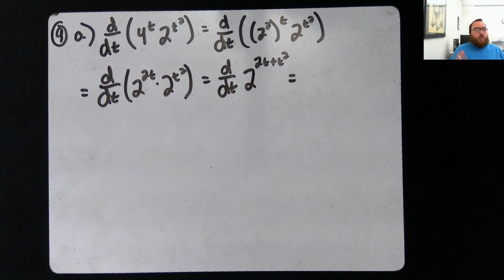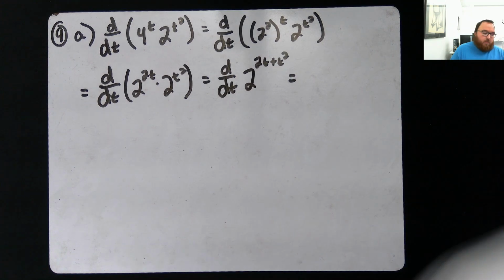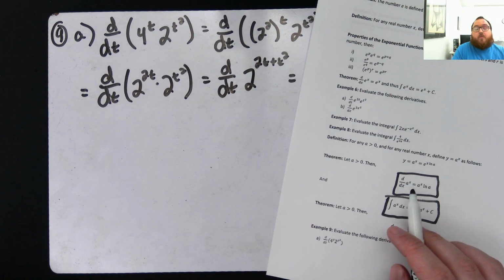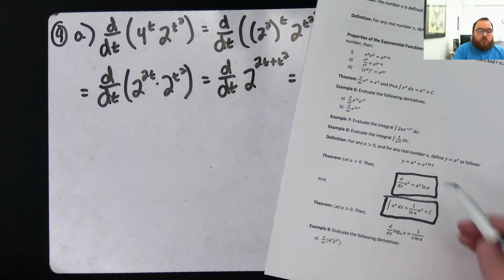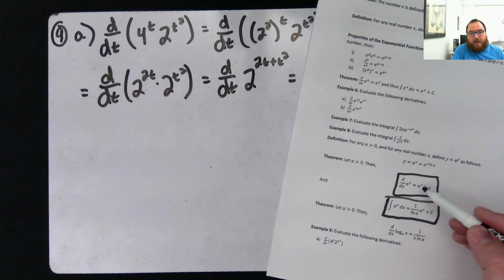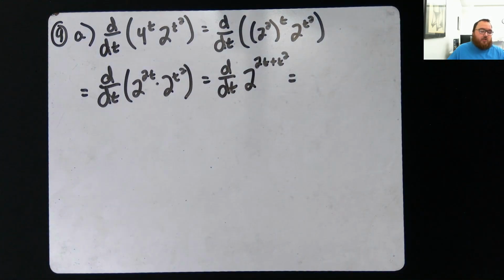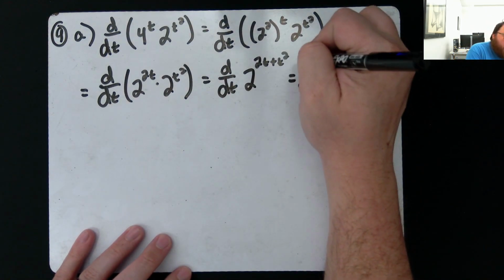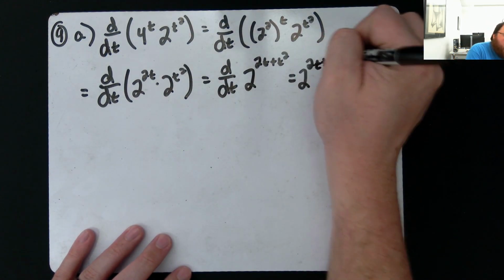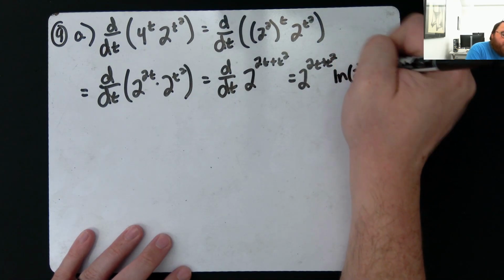So now that it's only one term, I can use my rule that I have. The derivative of a base raised to x is going to be the same base raised to the same x times the natural log of a. So in this case, that means it's going to be 2 to the power of 2t plus t squared times the natural log of 2.